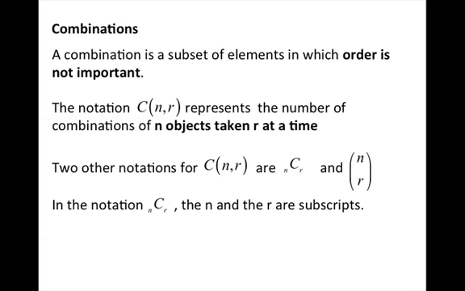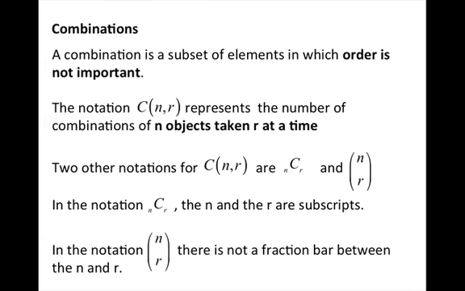So just 2 little notes. When you have the subscripts, the N and the R are subscripts. They're written smaller than the C. And then if you use the third notation, it looks like a fraction, but there's not a fraction bar between the N and the R. Don't draw a fraction bar in there.